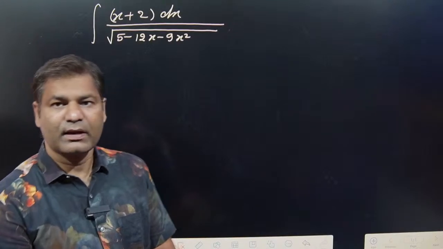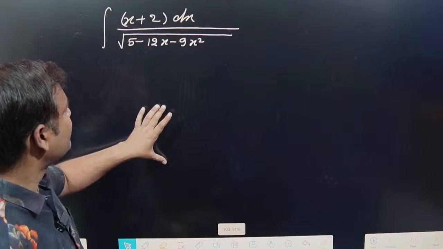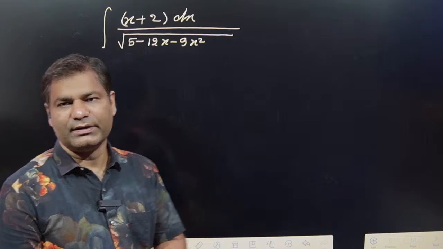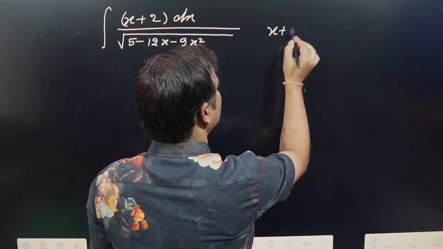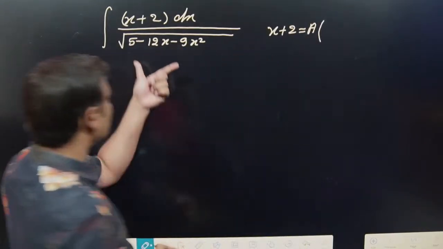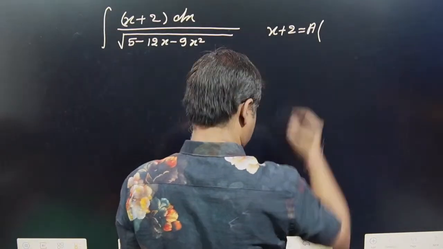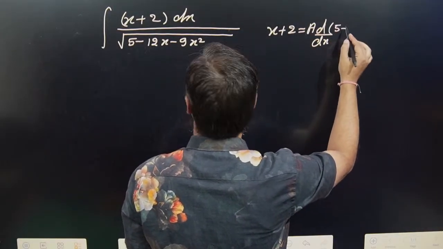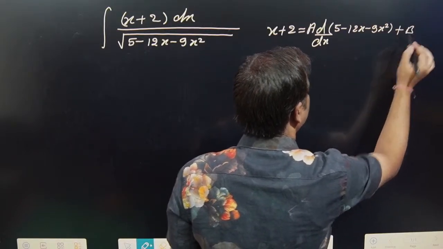Simply look here. I have already said if this type of problem is available, then always take the numerator as follows: x plus 2 will equal a into the differentiation of this quadratic expression with respect to x, 5 minus 12x minus 9x square, plus b.